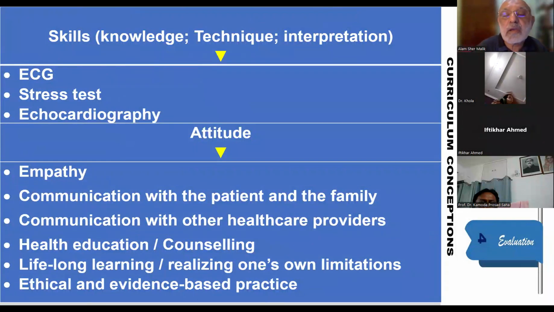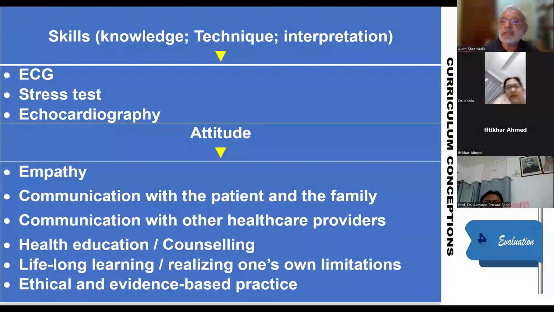And then regarding the skills for this condition, ECG, stress test, and echocardiography, and attitude for this condition, empathy, communication with the patient and the family, communication with other health care providers, health education, counseling, lifelong learning, ethical and evidence-based practice. So this example explains the process we go through.